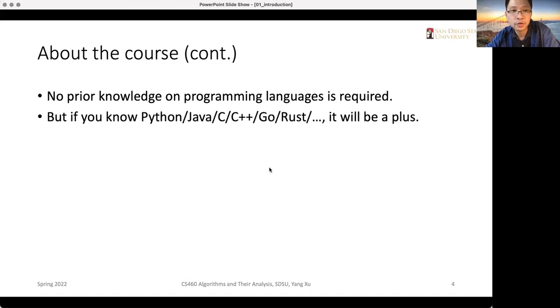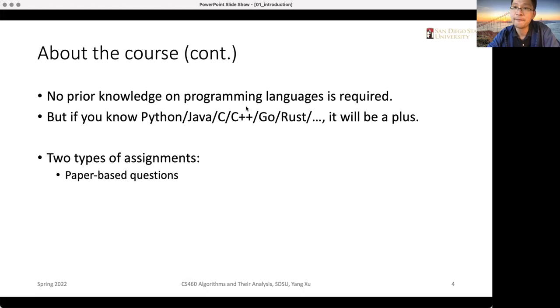But if you do know Python, Java, or C, or other modern languages, it will be a plus, okay? Because there will be 2 types of assignments. First, we will have a paper-based question set, okay? And the number of sets is usually around 5 to 6 for the syllabus.